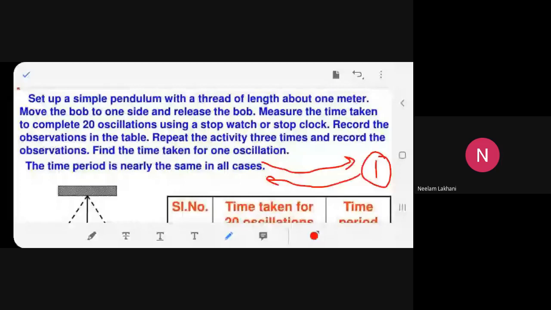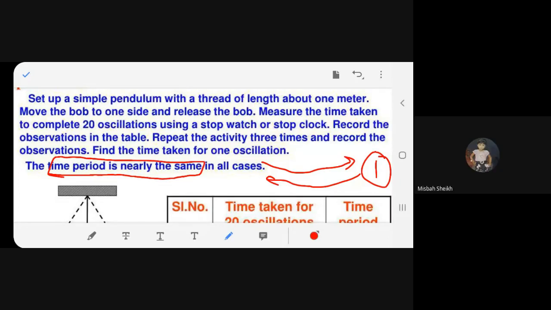And we have to find out the observation. What you will find? That the time period remains the same. How many times you take doesn't make any difference. The time period remains the same. If you take 10 times also, then also time period remains the same. Any problem?